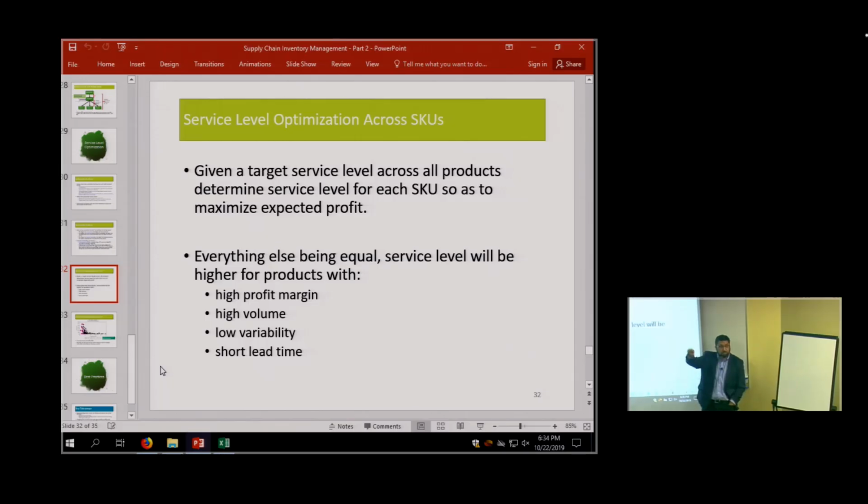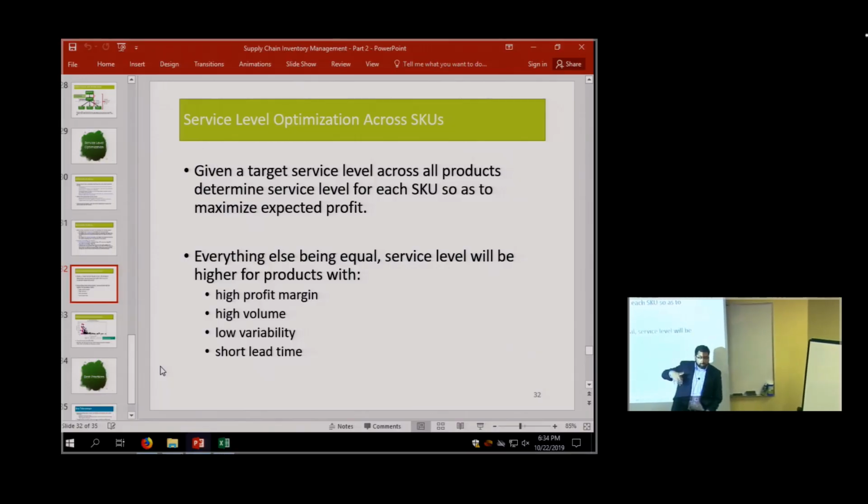It goes up by more than linearly. So going from 90 to 91 is way cheaper than going from 96 to 97. So something could have a little higher profit margin but huge variability, so basing it just on sales or even profit margin alone is not sufficient. You have to factor all these variables in.